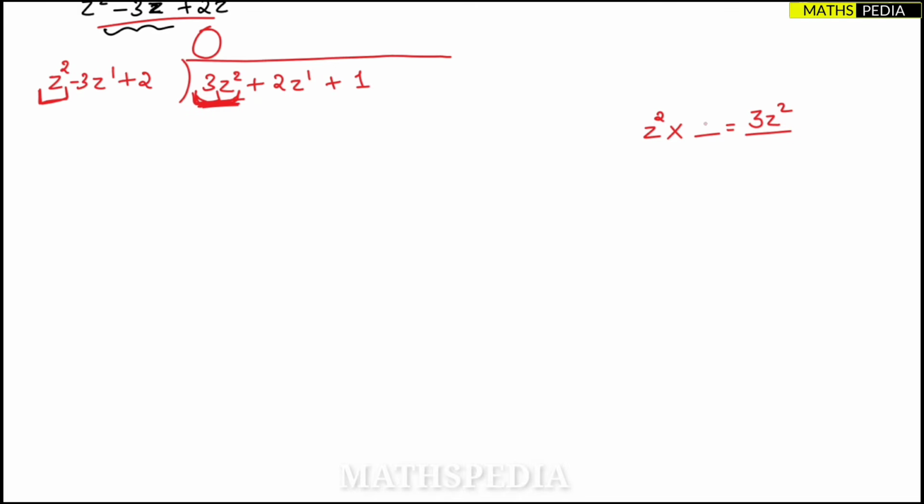This is what I should get, so I need to find this. Z square into 3 will give me 3z square, right? So I can put 3 here, and it will give me 3z square.